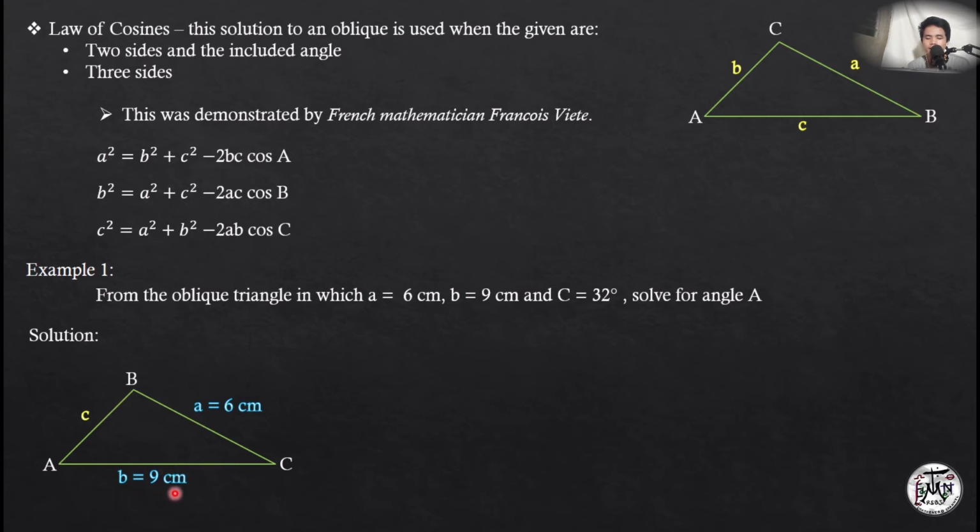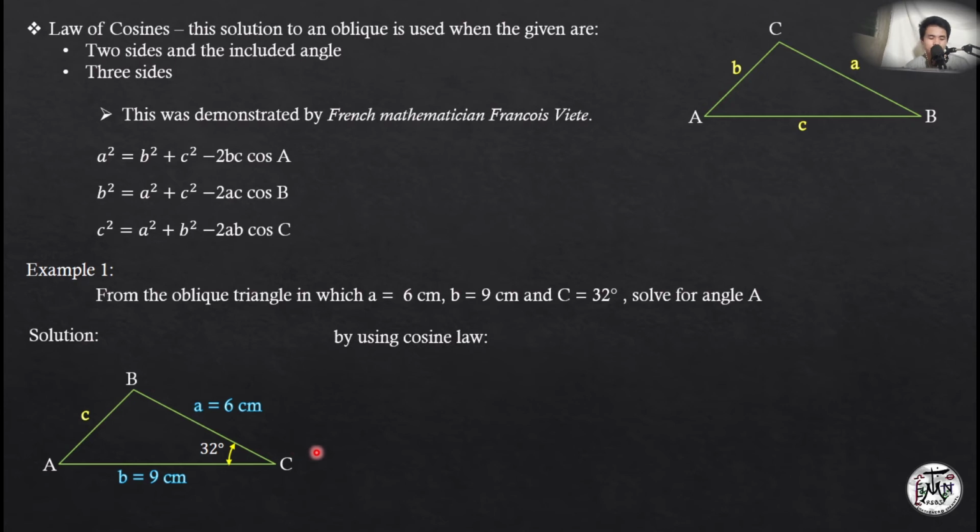So b, we assume b is the side opposite vertex angle B, that is 9 centimeters. Then opposite vertex A, that is 6 centimeters. So C, then here is 32 degrees.